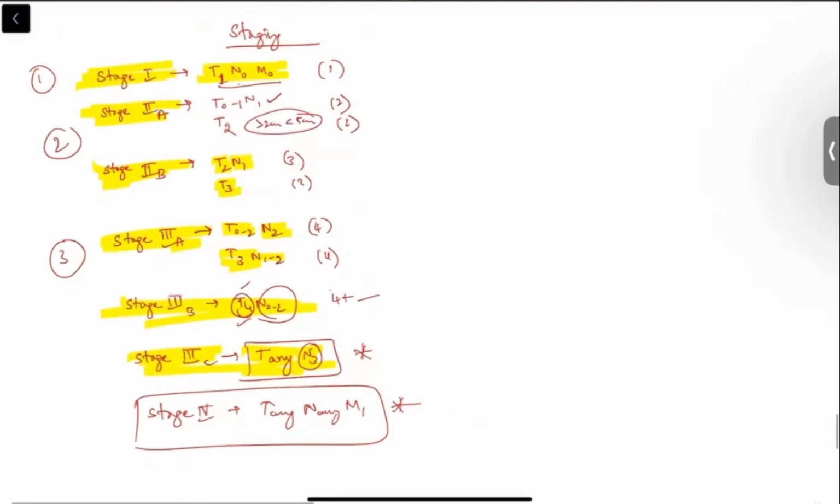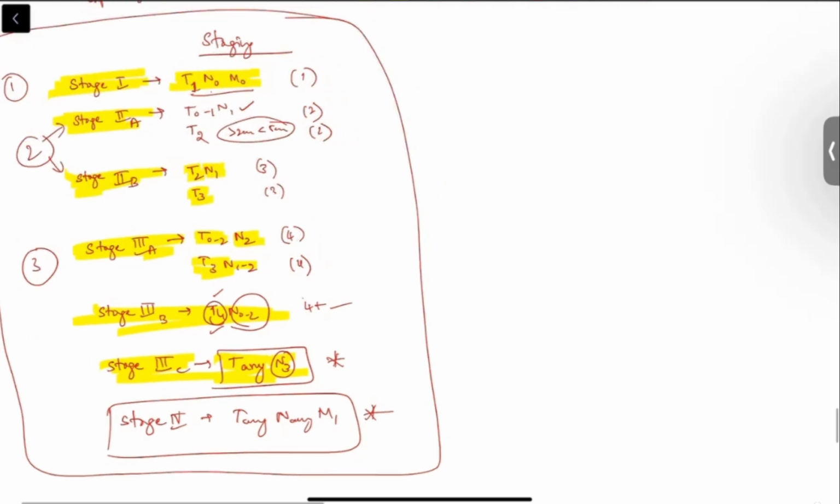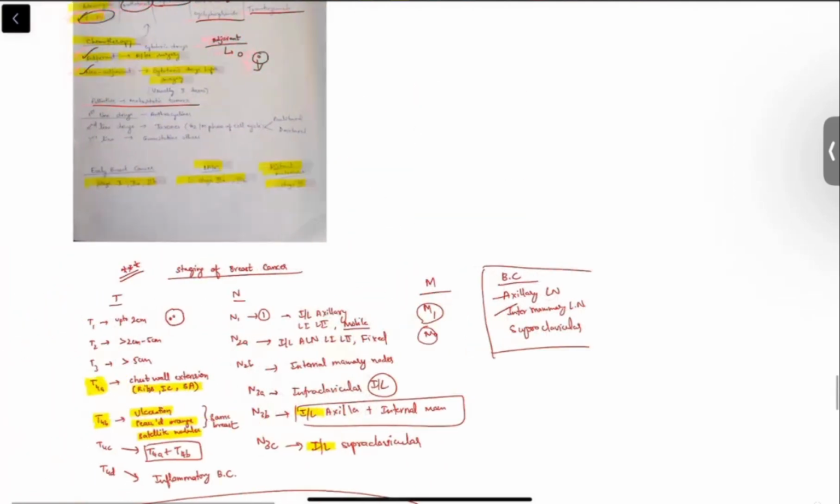Suppose a patient tells you, okay, I have been diagnosed with stage 2 breast cancer, this is what she is speaking about. You will have to think that okay, stage 2A or stage 2B, two possibilities are there. That is, the tumor is less than 5 centimeters and 1 or 2 lymph nodes are involved. So that is what staging is. Based on this staging, treatment differs, hence we need to remember this.